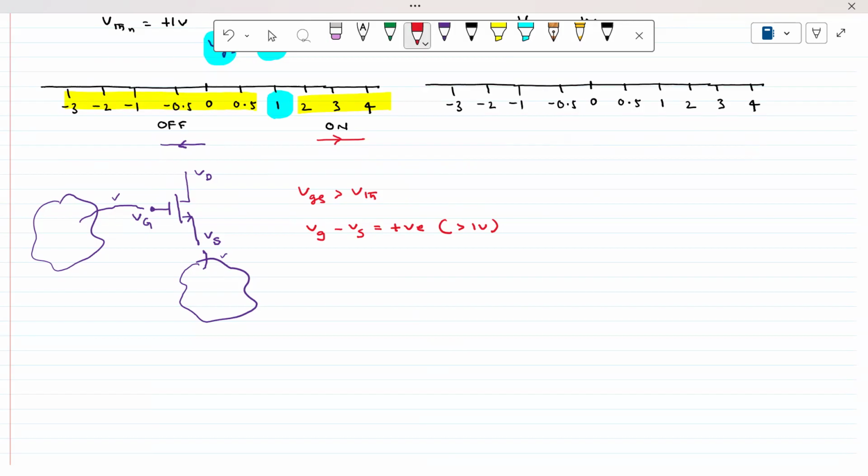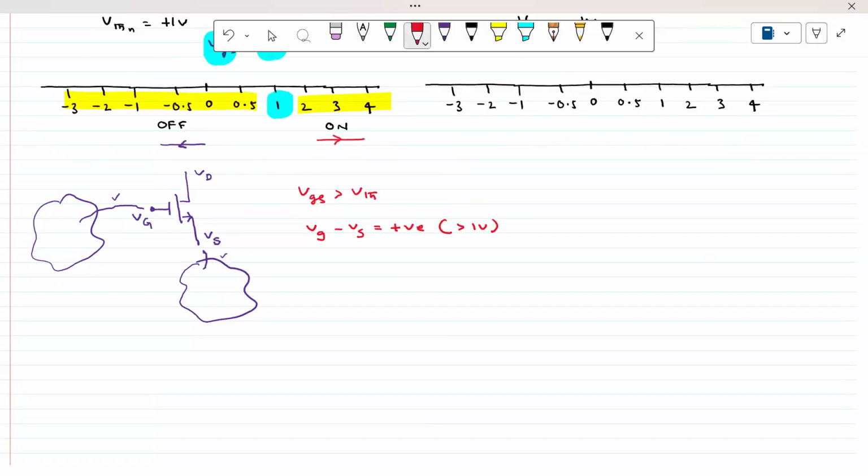Now, what are the values of VG and VS that make this positive? Forget about 1 volt, just a positive value. If you are increasing VG in the positive direction, keeping VS constant, then definitely VGS is positive.